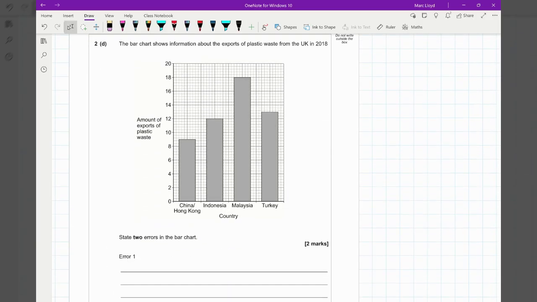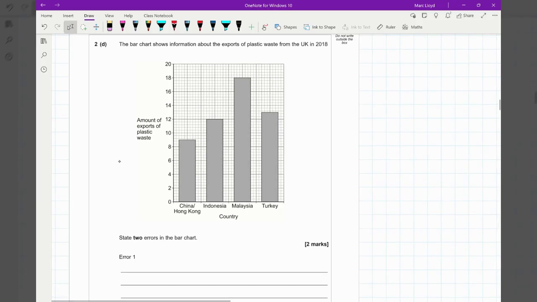Okay, part D, the bar chart shows information about the exports of plastic waste from the UK in 2018. State 2 errors in the bar chart. So the first one that comes to mind is that there's no labelling on the y-axis, which is a big error. One of the bars is incorrect, so they're telling me that Malaysia is incorrect from that mark scheme.